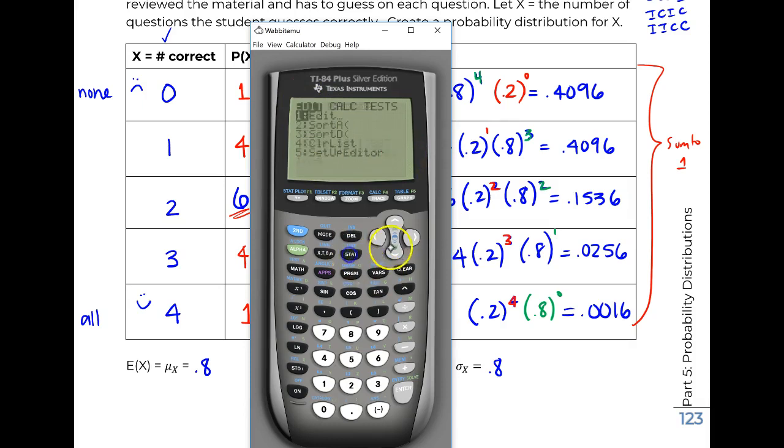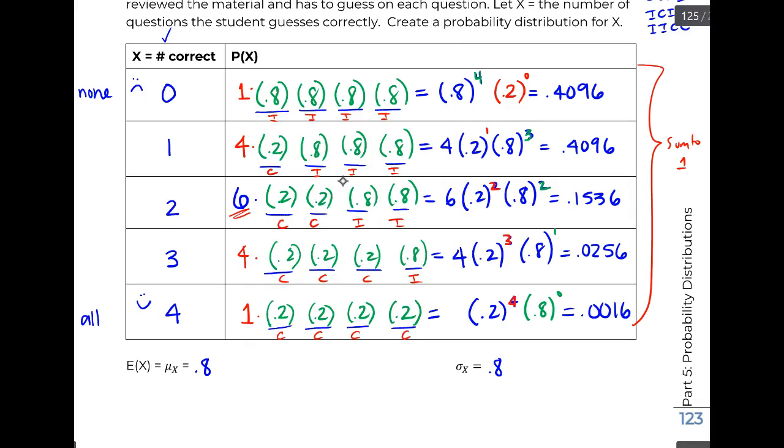And the other way that this might have had a problem is if I had one of these entered wrong. Like let's say I accidentally added an extra decimal here. If I went to do my one var stats on this, with L1 and L2, you can see my n is just slightly off. It's not 1 because I'm not summing up to 1. So that's the easiest way to check that you've done this properly.